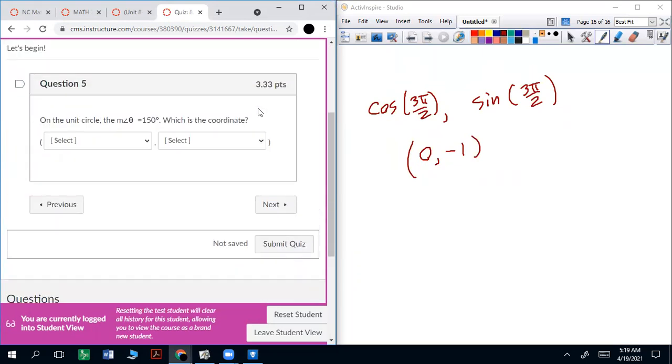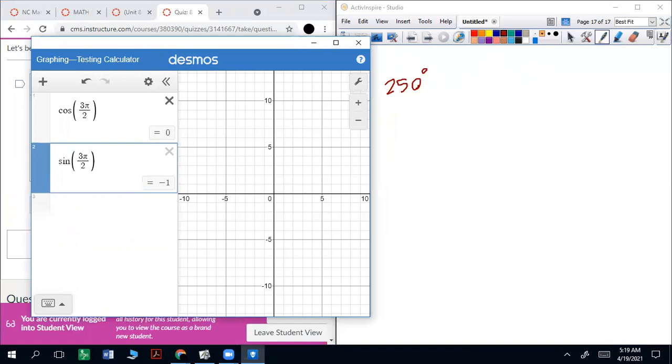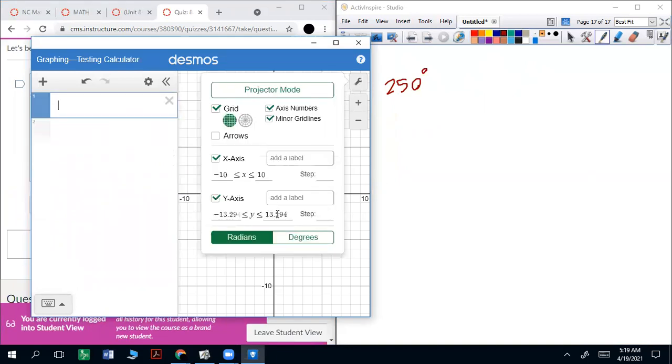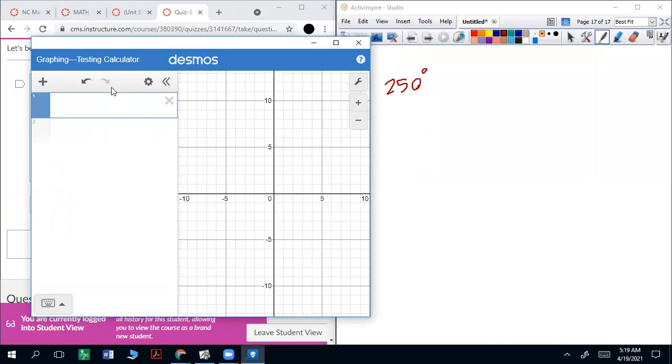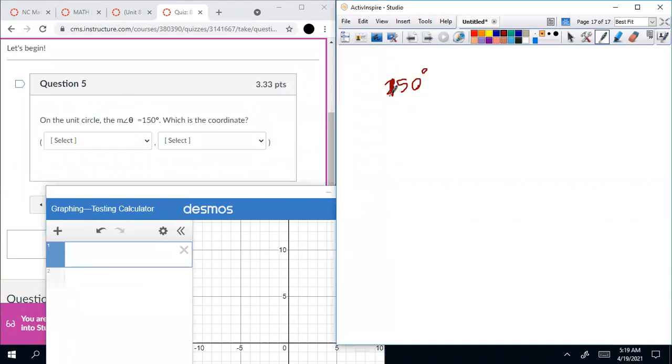All right, number 5. Back to degrees. 150 degrees. So set your mode to degrees. Oops, I typed 250. No wonder that didn't work out. So do cosine of 150 and sine of 150.